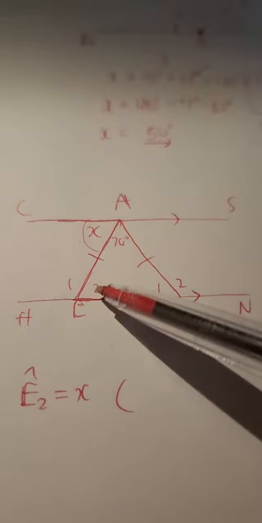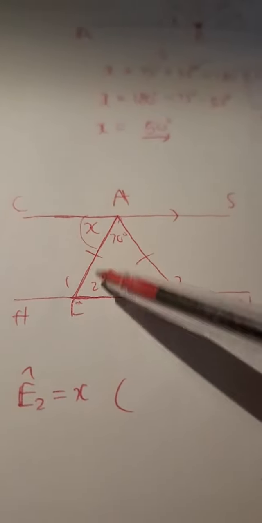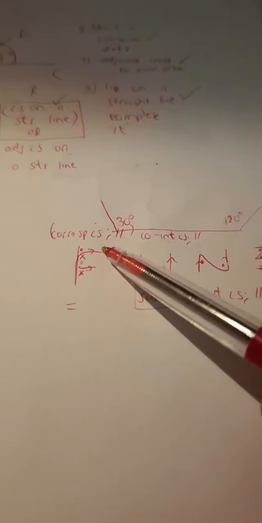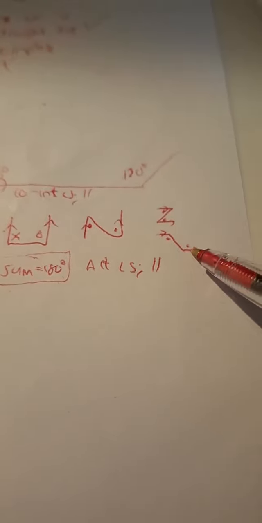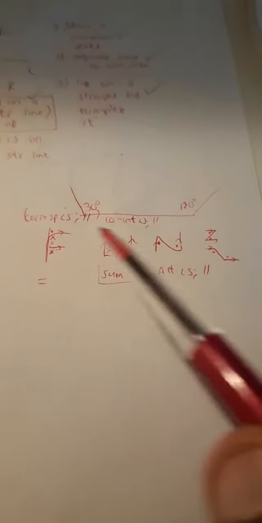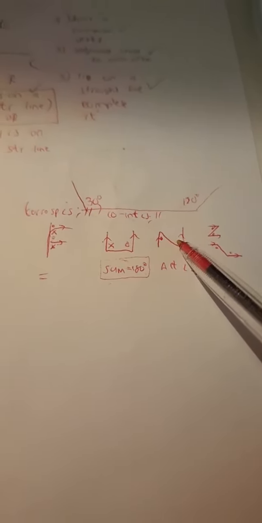If we go back to our F, our U, and our N, this angle and that angle give us which relationship? Is it an F relationship, corresponding? Is it a U relationship, the sum is 180? Or is it an N or a Z relationship, which is alternate angles?